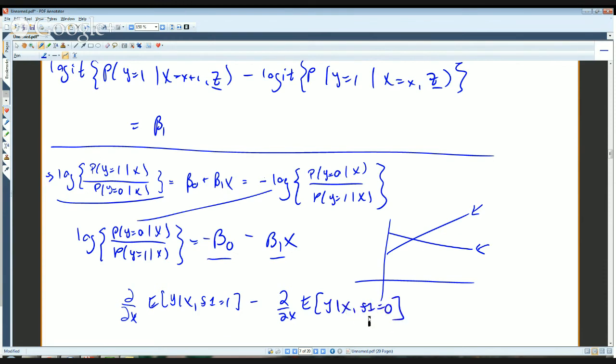That is just another way of saying it's the change in the slopes between the two models. So yes, that is exactly right.